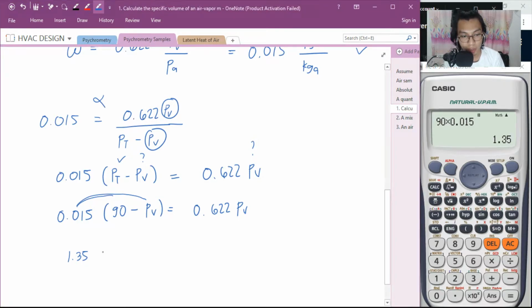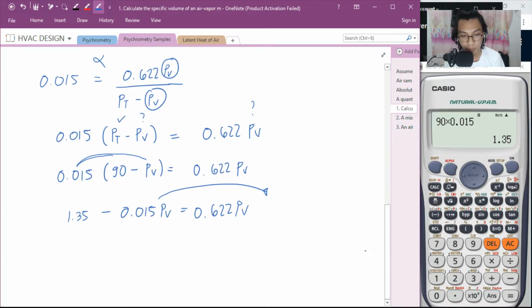And then minus 0.015 PV equal to 0.622 PV. Transfer natin to dito, okay, para matira si 1.35. So, lipat ko na dito sa kabila, 0.622 plus 0.015.